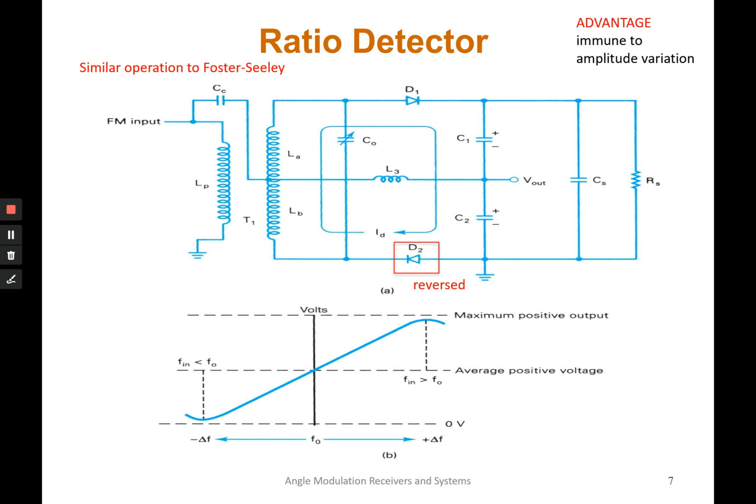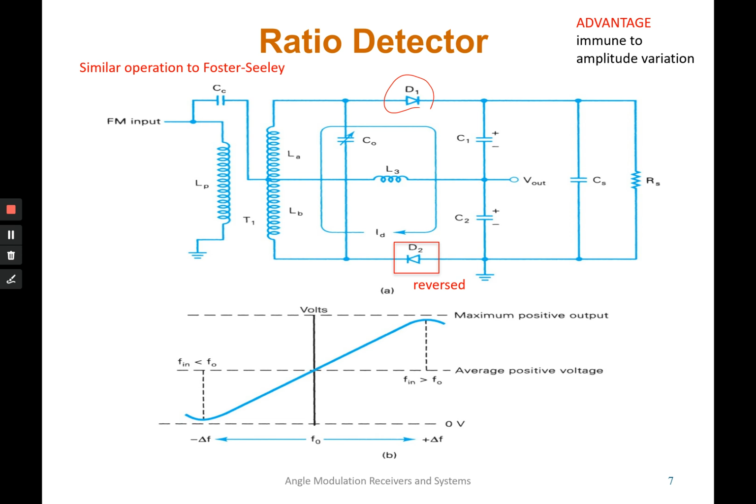The next is the ratio detector. The operation of the ratio detector and also the Foster-Seeley is similar, but the only difference is that in the ratio detector, the diode D2 here is put in reverse compared to D1. But for the Foster-Seeley, both diodes are put in the same direction to the output.